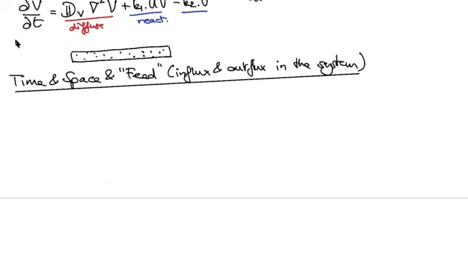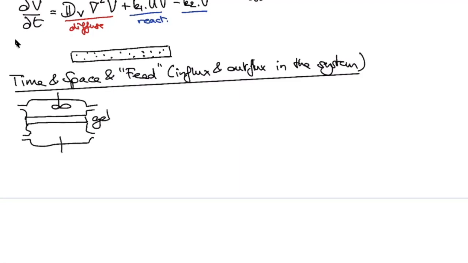Now imagine you have a gel reactor, which is quite a common tool. We have a compartment on the top, which is stirred, and a compartment at the bottom, which is also stirred. Here's my gel, and I'm flowing in U here and U out.